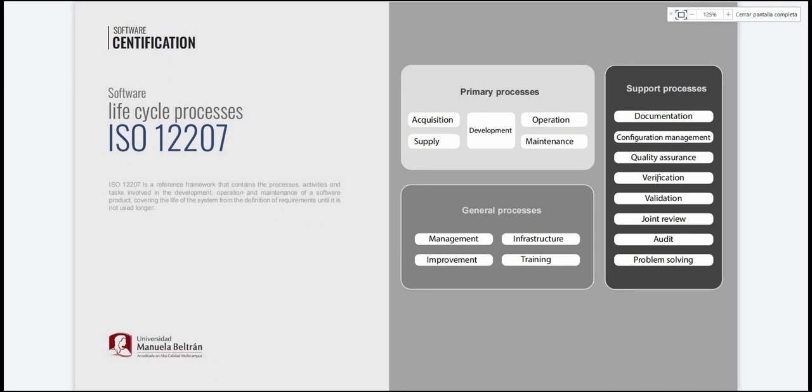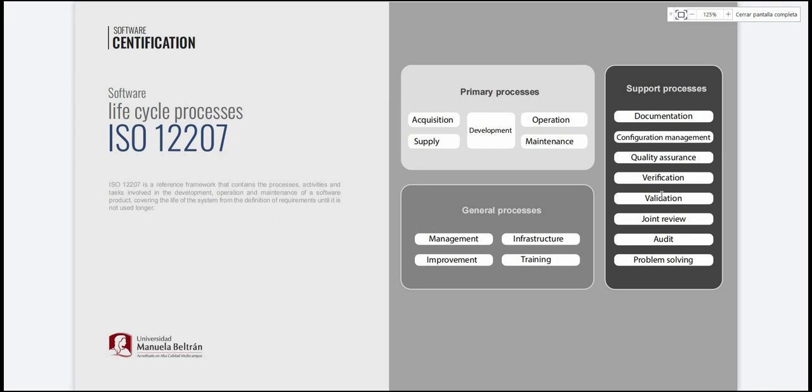Verification: this is activities to determine the proper functioning of the software product. Validation: this is activities to determine if the product meets the requirements. Joint review: these activities allow determining the state of the product in a certain activity of the life cycle or in a certain phase of the project.